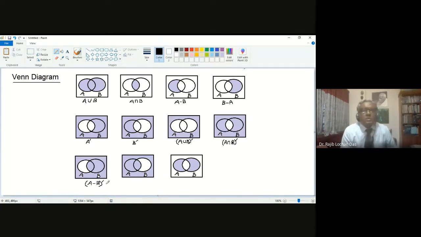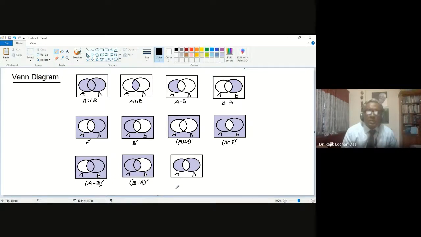Prime means not, means outside. So what is the next one? In the same way, B minus A, then bracket, then whole prime.